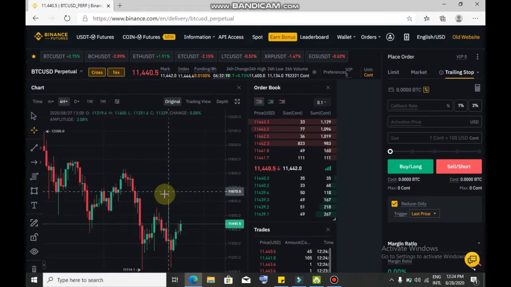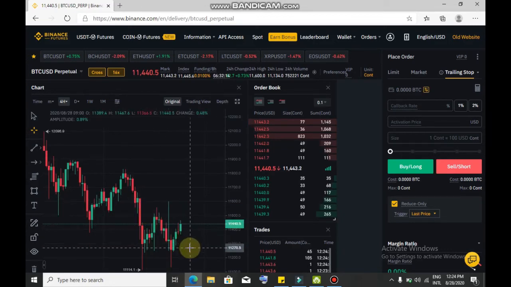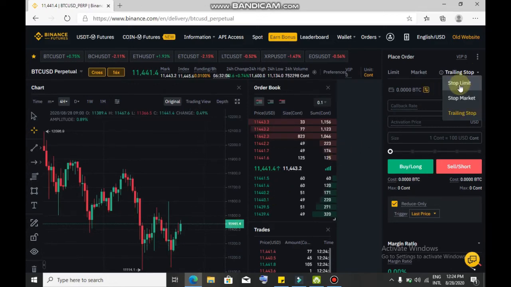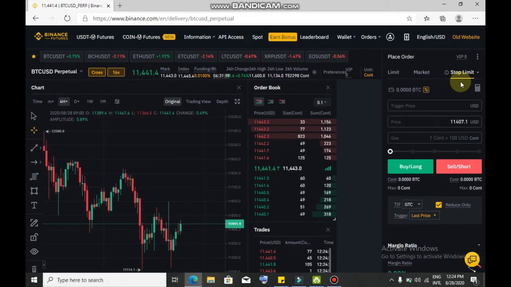But if price never gets to that level and continues going down, your profit will still be running. So that's it for trading stops, because you use them to lock in your positions. And let me say this also, you use stop limit or stop market to set your take profit and your stop loss.